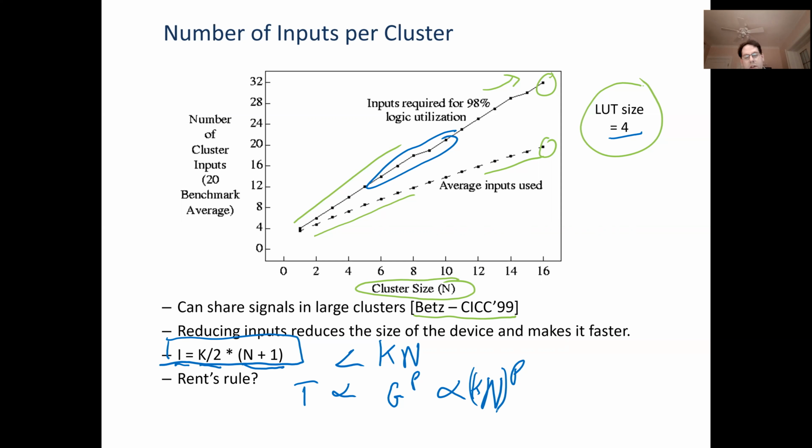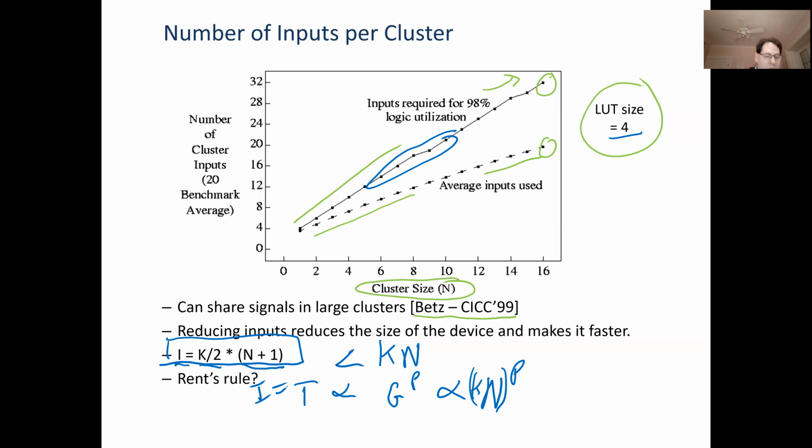So what does this imply P is? Does this line up with Rent's rule? We have these two different trends. They find that the number of inputs they need, which is terminals, okay, it's only the inputs, but you can apply Rent's rule either to all the terminals or just all the outputs and all the inputs.